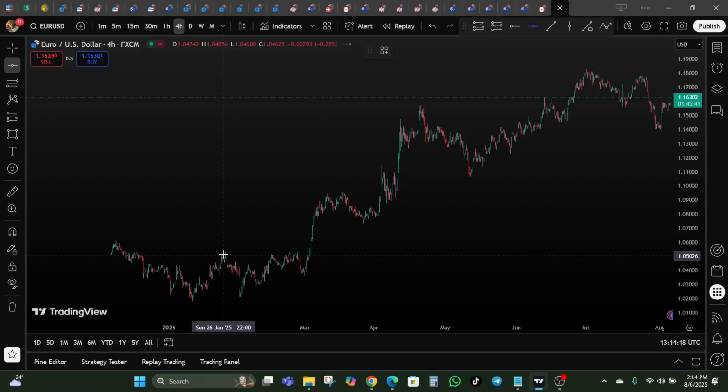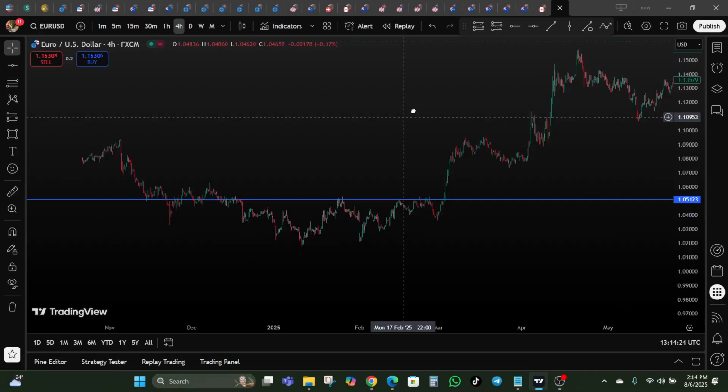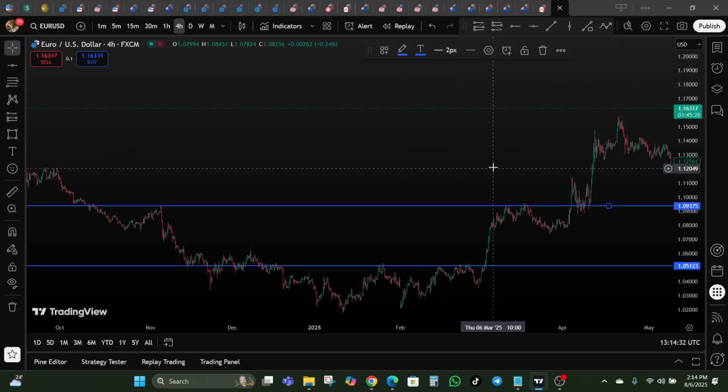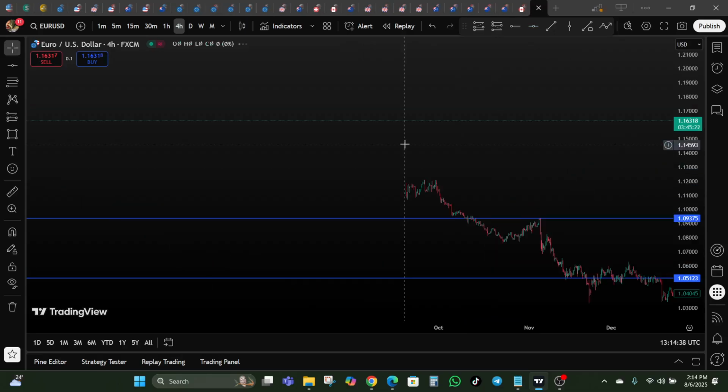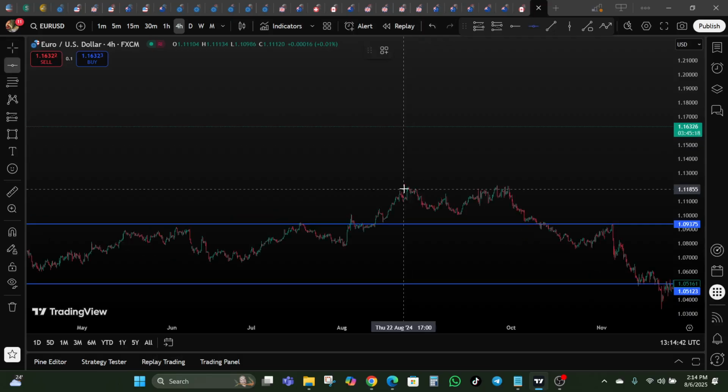They represent zones where institutional buyers or sellers stepped in. So these are important price points on your charts where reversals usually happen, and where breakouts usually happen, and of course fakeouts too.